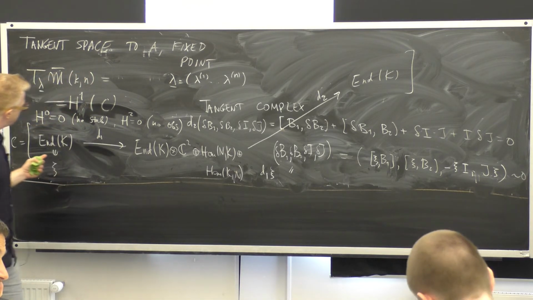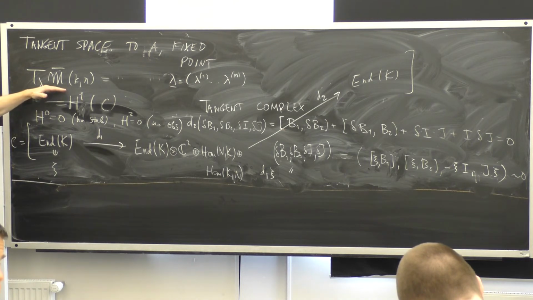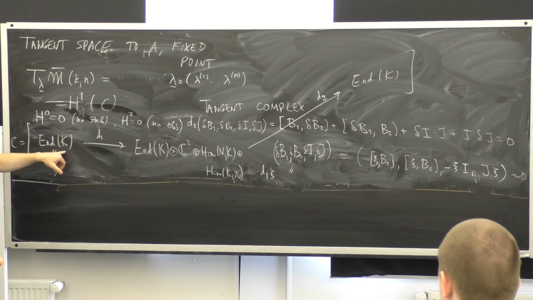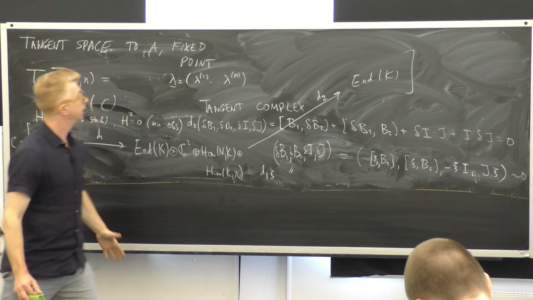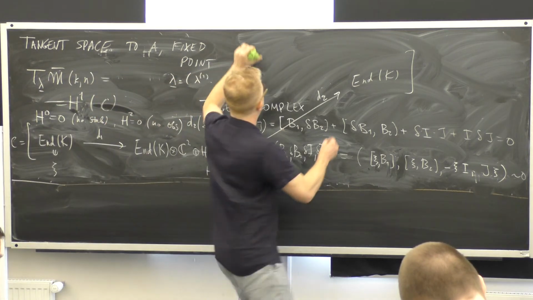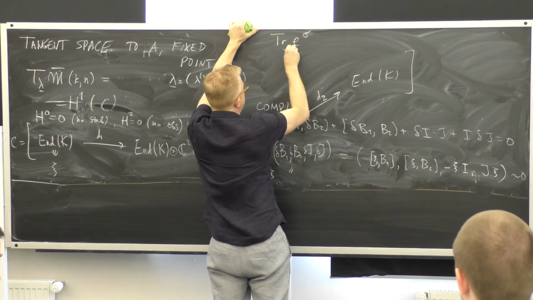And now using this complex, once we sit at a fixed point, now the space K is a representation of T, of the torus, N is a representation of the torus, everything is a representation of the torus. We can compute the character, trace e to the sigma, now acting in the tangent space.